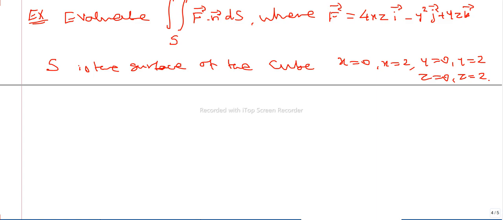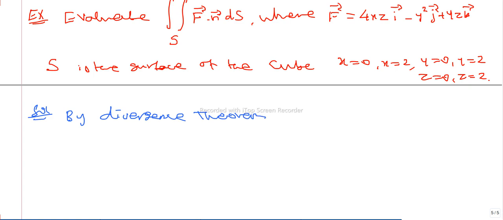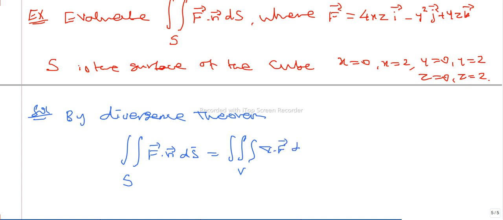So by the divergence theorem, we know that the double integral over S of F dot n ds should be the triple integral over V of del dot F dv.